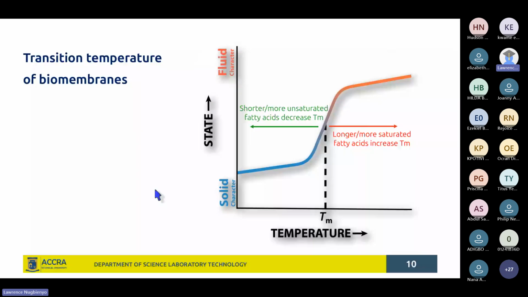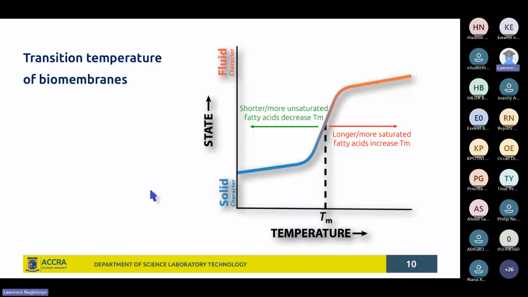Now we have what we refer to as transition temperature. So you see, we did talk about the fact that the molecular mass or number of carbons in fatty acids influences the melting point of these lipids.